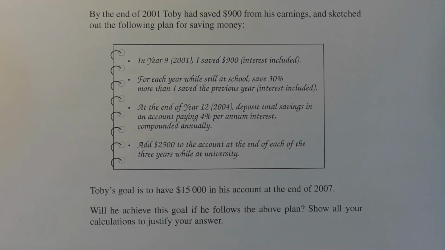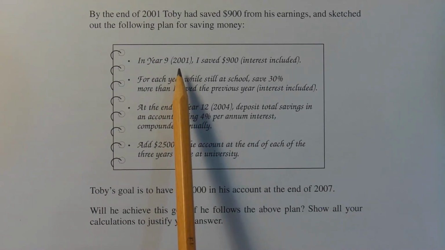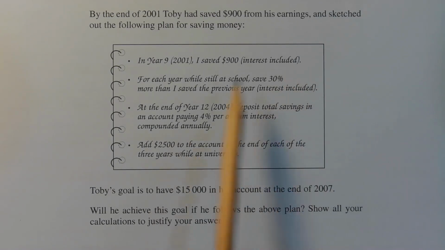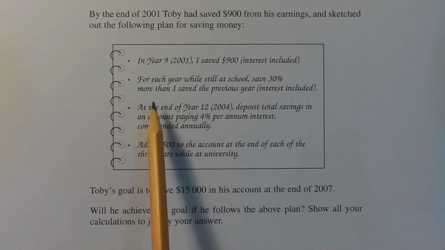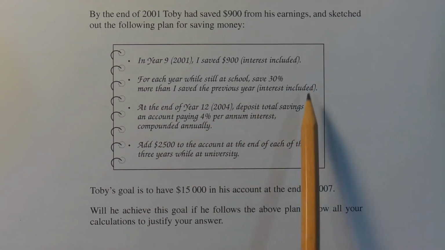Let's look at Toby's savings plan. In Year 9, which corresponds to the year 2001, Toby saves $900, which includes interest. And for each year while still at school, Toby saves 30% more than what he saved in the previous year, again with interest included.